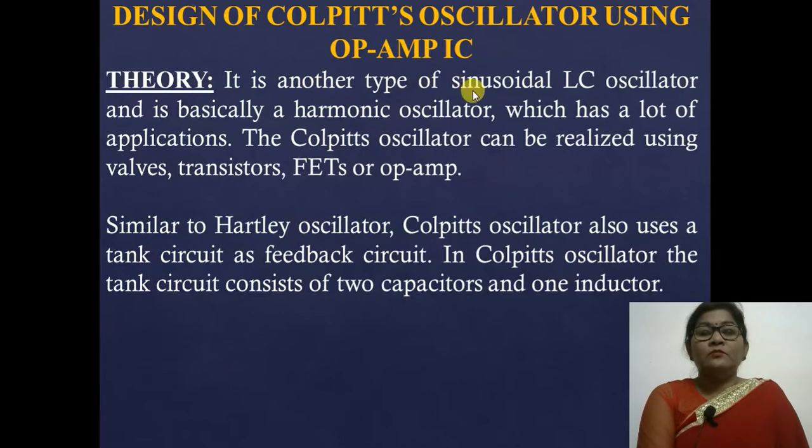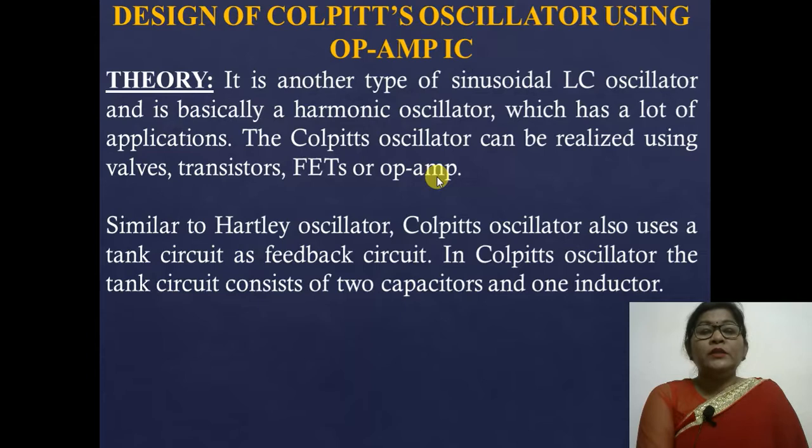So here this is the basic theory of the Colpit oscillator. According to the Hartley oscillator, the Colpit oscillator is also the sinusoidal LC oscillator, and it is basically a harmonic oscillator which has a lot of applications. The Colpit oscillator can be realized using valves, transistors, FETs, or op-amp ICs.